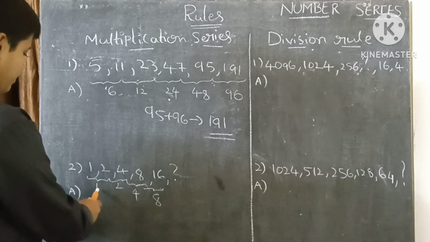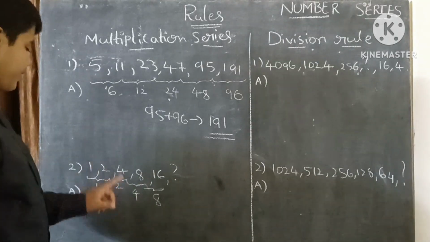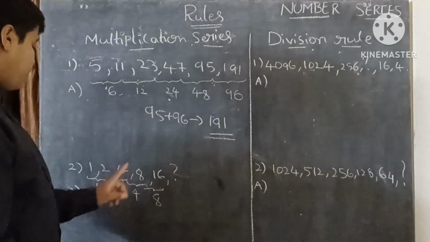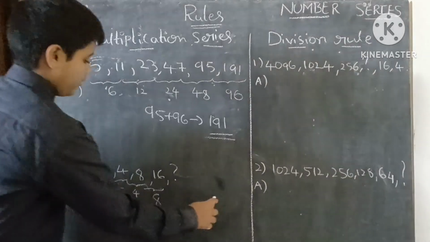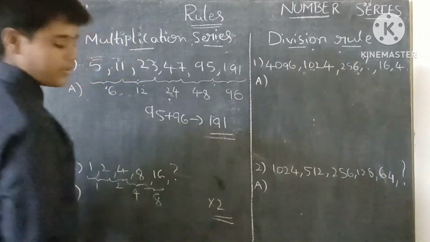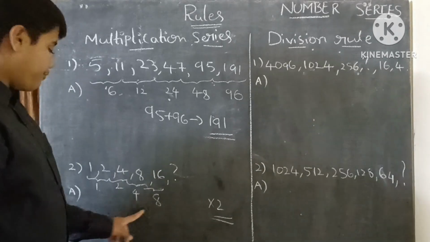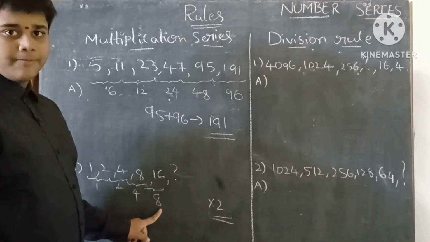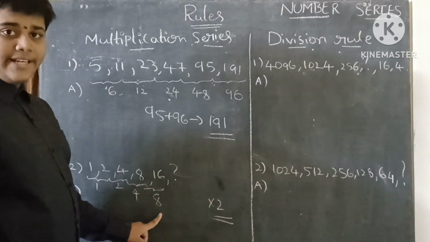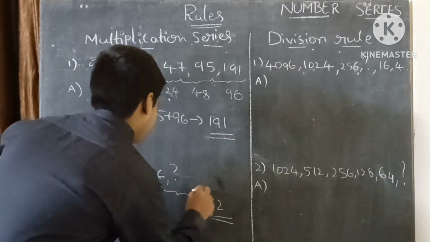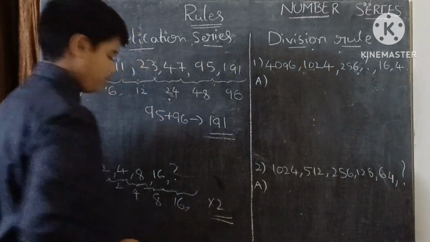If we double 1, it becomes 2. If we double 2, it becomes 4. If we double 4, it becomes 8. If we double 8, it becomes 16.